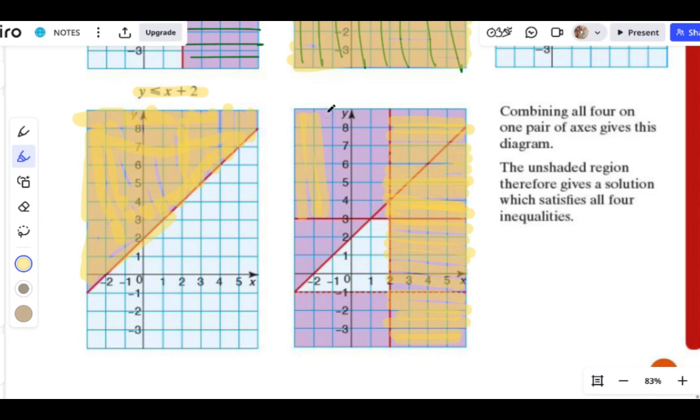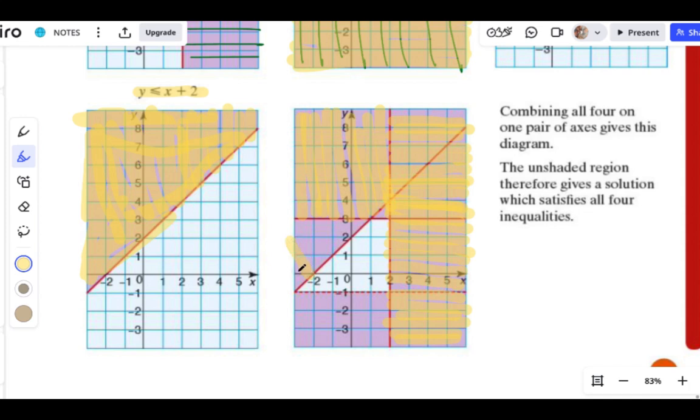They say shade your wanted region, same as leave unshaded the region which satisfies the inequality. It's just English. You just need to understand. When they say shade your wanted region, you shade where I'm shading now. Or they say leave unshaded the region which satisfies the inequality, so I shade here.